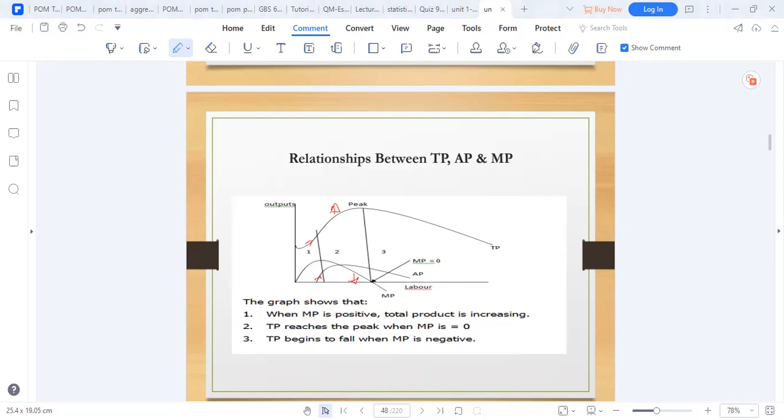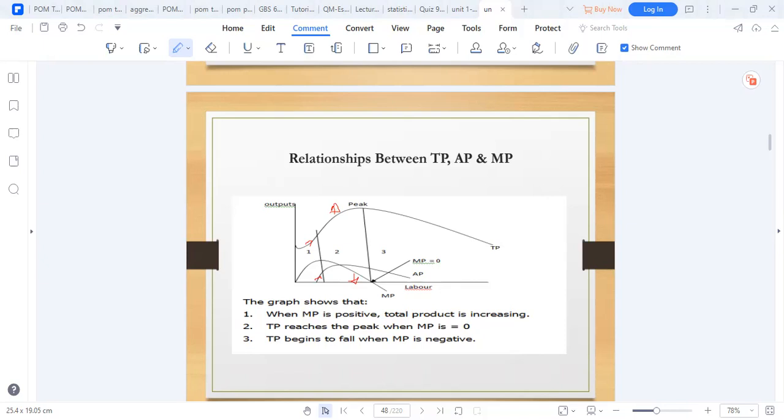So this stage is also associated with limited resource constraints, such as limited space, and firms here would carefully consider the trade-off between additional labor and the marginal costs of hiring, as the cost per unit may rise.